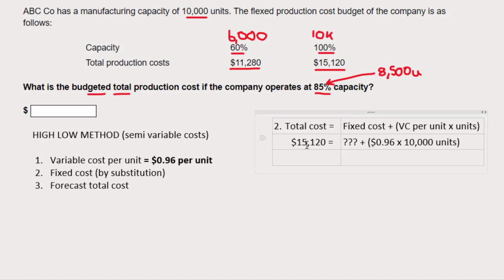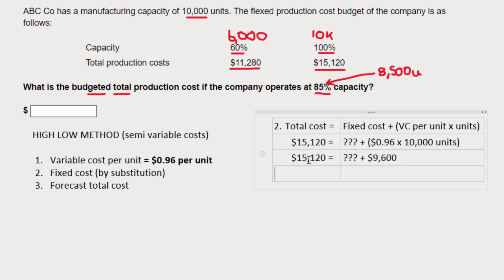So my total cost of 15,120 at the high point is made up of my unknown fixed cost, but my known amount of $0.96 per unit of a variable cost times 10,000 units. So multiplying out those numbers, it comes to a total variable cost of 9,600.